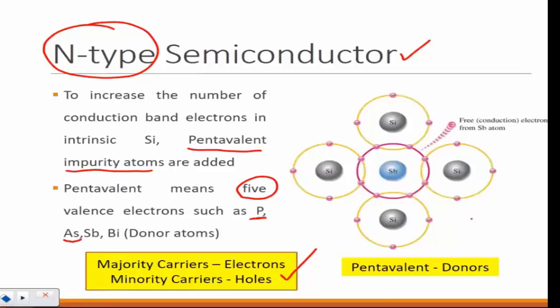Because remember, silicon has only 4 electrons in the valence shell, whereas a pentavalent atom has 5 electrons. That means you have 1 electron that is already free, readily available. For every pentavalent atom, you get 1 free electron. So if you have billions of pentavalent atoms, you have billions of free electrons that are readily available.